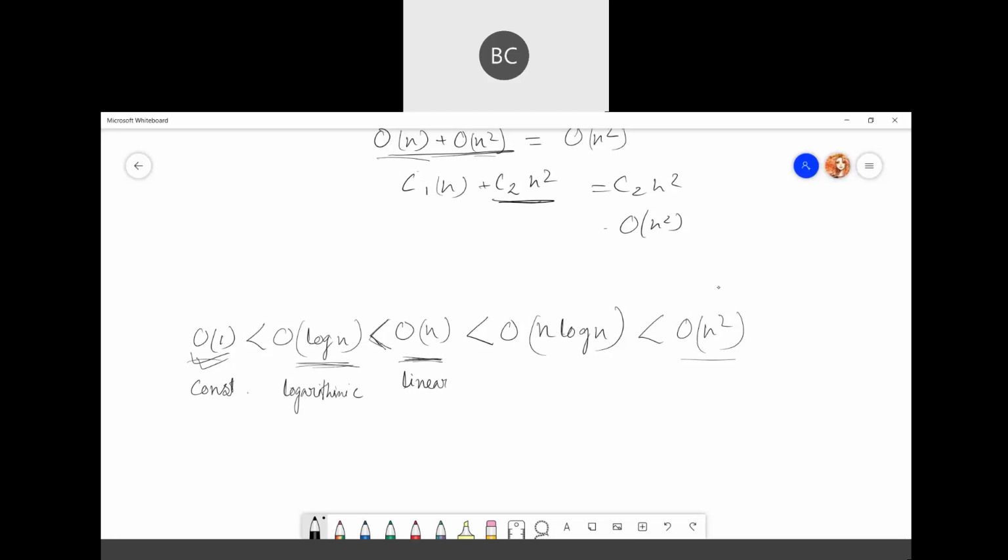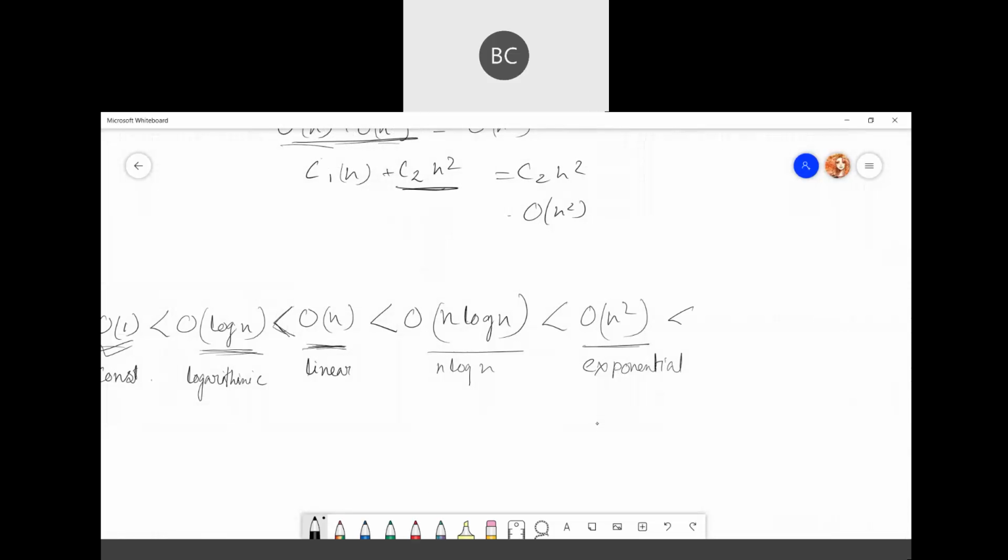Constant time, logarithmic time, linear time. n log n is simply n log n. And this O(n squared) is your quadratic. Sometimes you will also see n cubed. In some algorithms you will see O(n cubed) time.